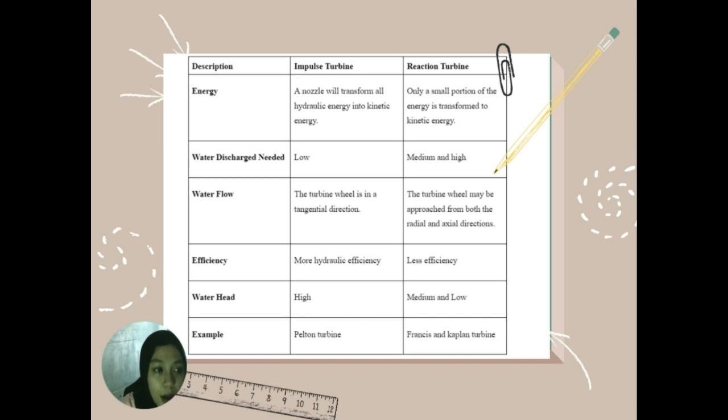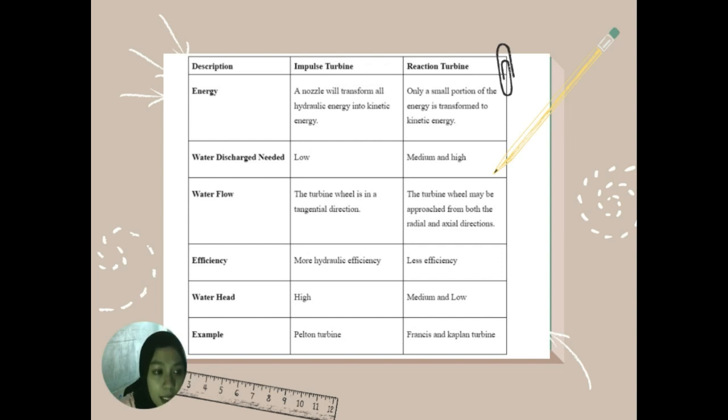In the differentiation between impulse turbine and reaction turbine for energy, for the impulse turbine a nozzle will transform all hydraulic energy into kinetic energy, while in the reaction turbine only a small portion of the energy is transformed to kinetic energy.